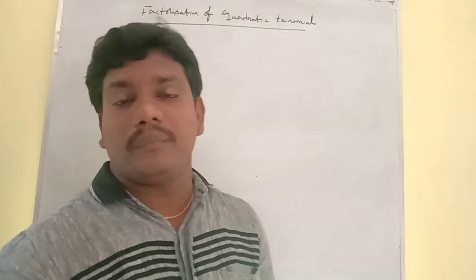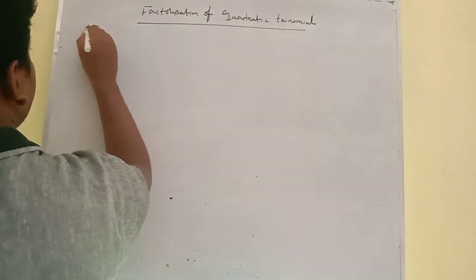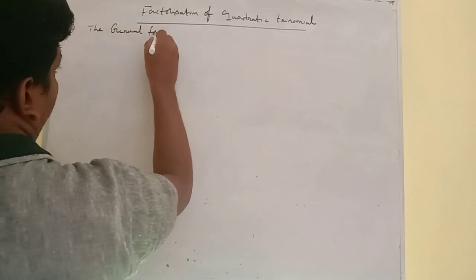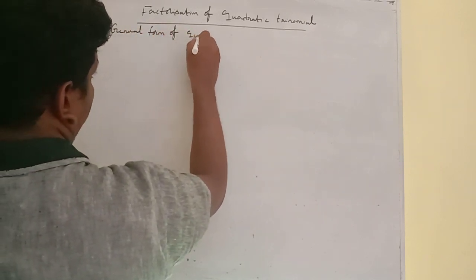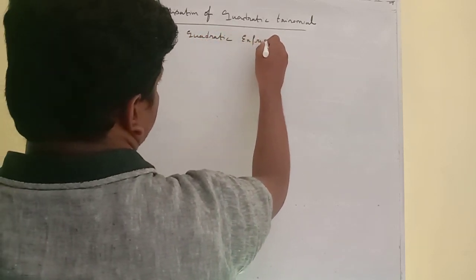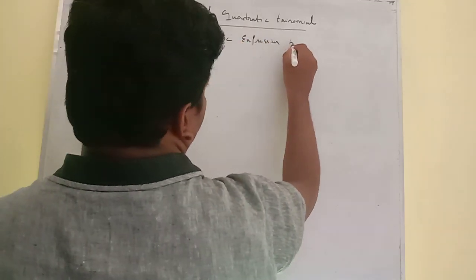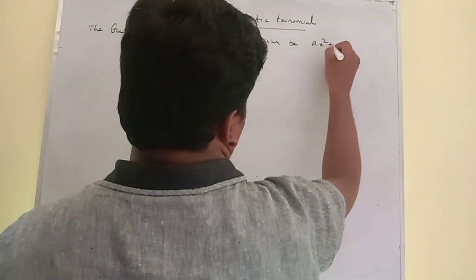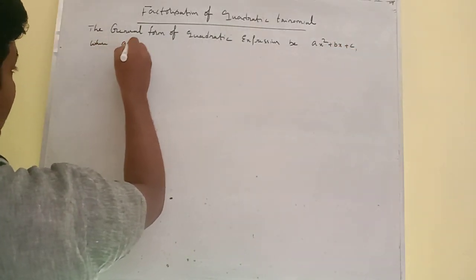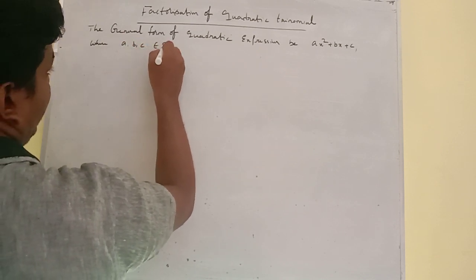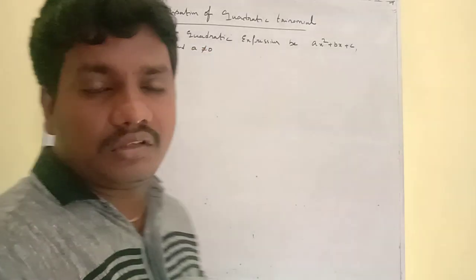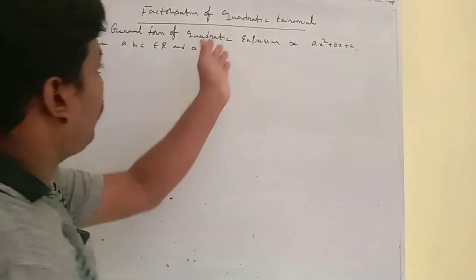Every quadratic expression has a general form: ax square plus bx plus c, where a, b, c belong to real numbers and a is not equal to 0. This is called the general form of a quadratic polynomial.